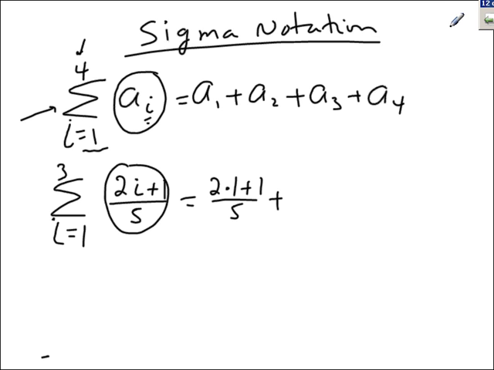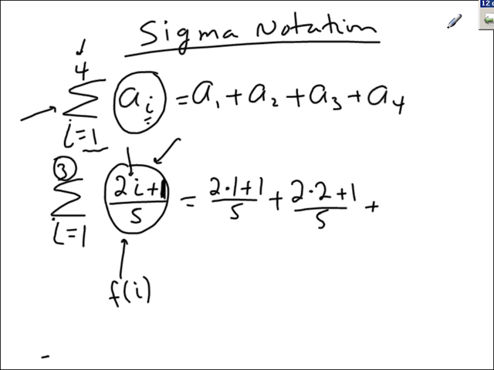Now i is 2. Basically think of this as f of i. Instead of x, it's i. So now i is 2, so instead of i, you put 2: (2 times 2 plus 1) over 5. And then last, i is 3, so it's (2 times 3 plus 1) over 5.